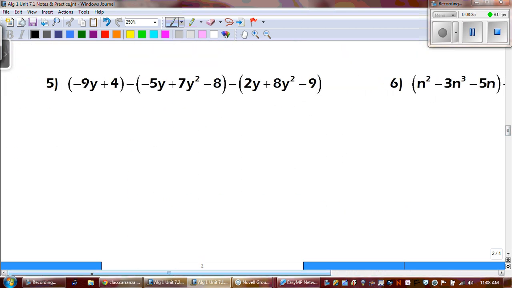All right, the last one, last two. Number 5, guys, jump to 9. So with these multiple ones, don't get worried about them, okay? Let's just take a look at what's going on. There's nothing in front of that first group, so my -9y plus 4 stays the same.